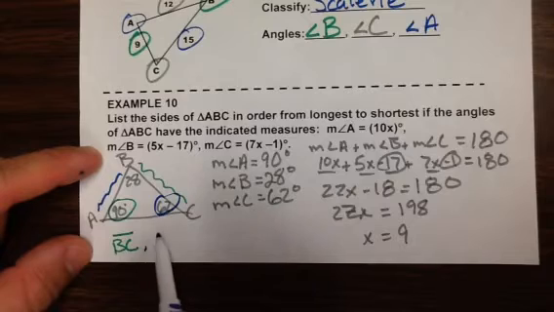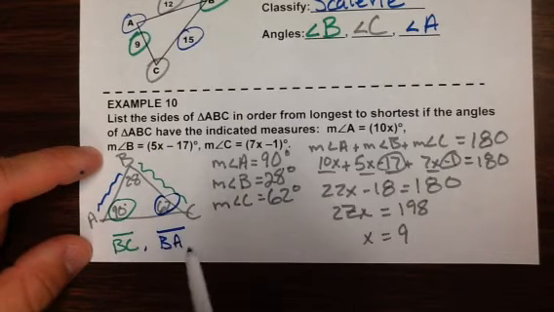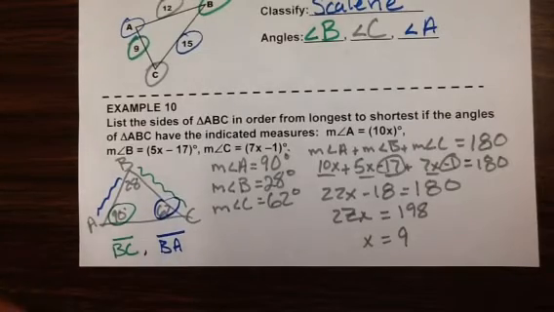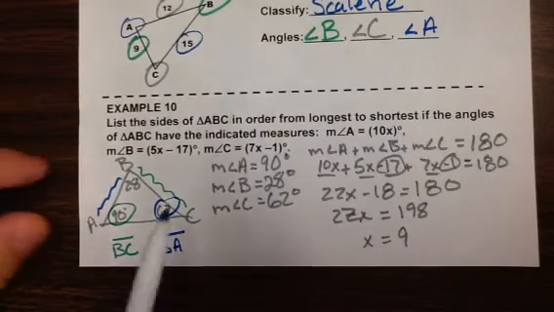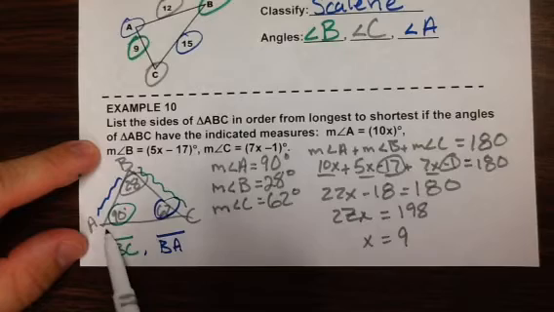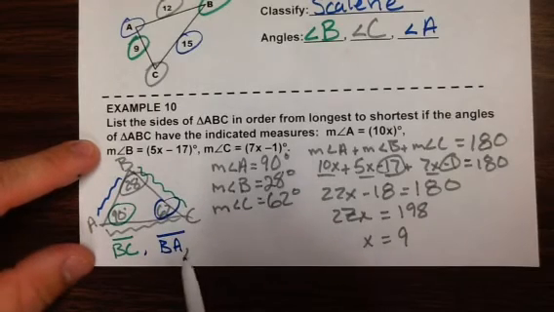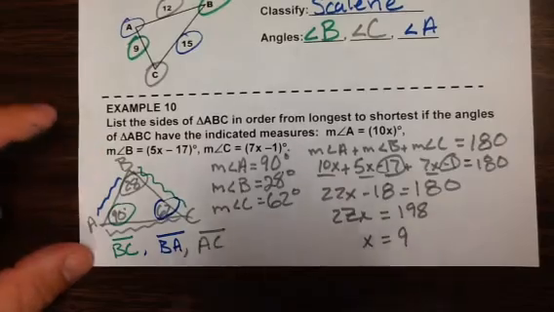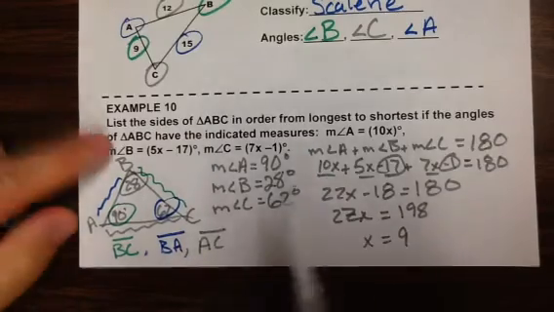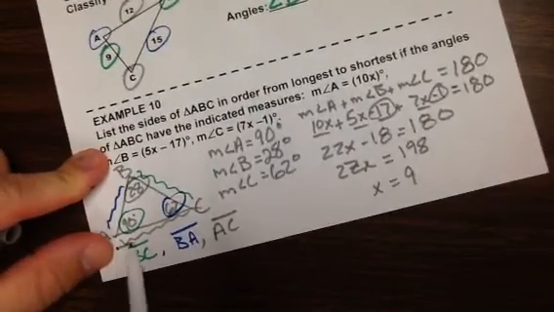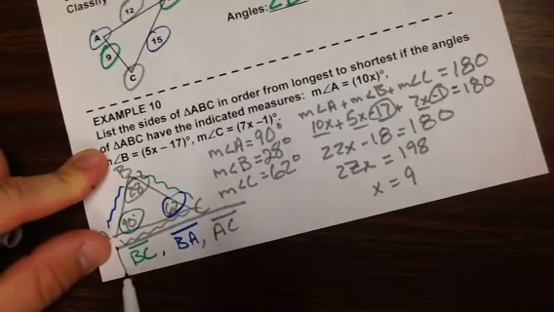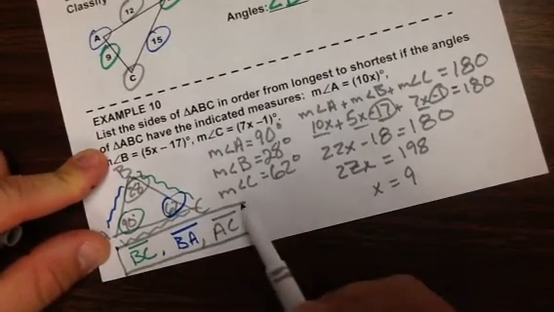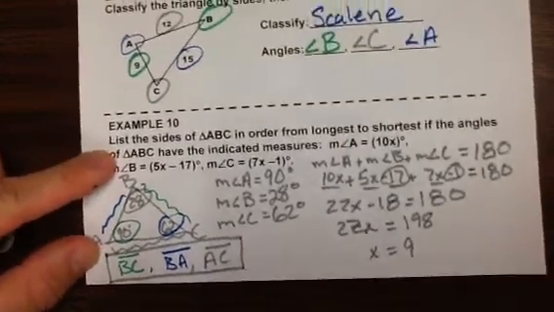So I would say that my second longest side would be segment BA. And my shortest side will be across from my smallest angle. So in this case, my smallest side would be segment AC. And that right there would be the answer to my question when it asked me to list my segments from longest to shortest.